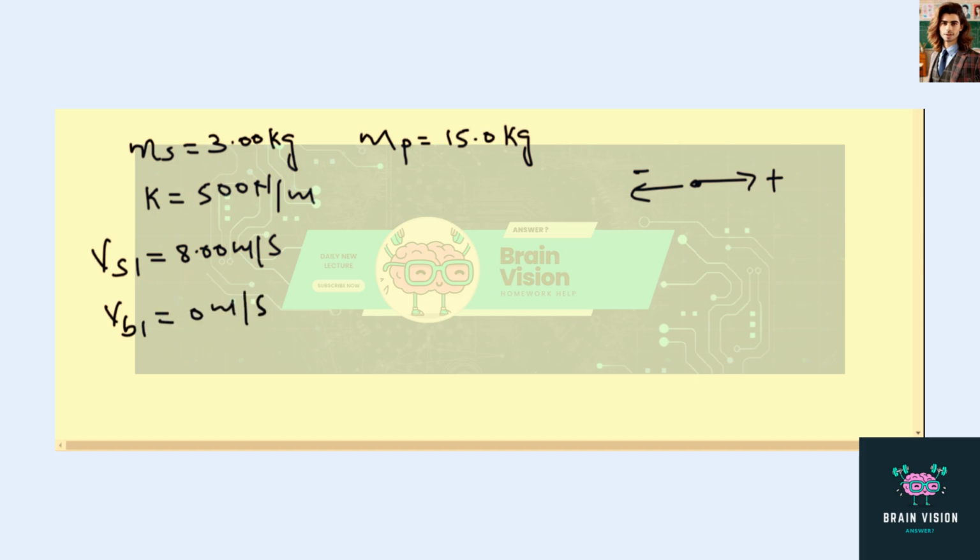This is not MP, rather this is B, the mass of the block. The final velocity of the stone is equal to minus 2.00 meter per second, and VB2 is unknown. We need to find out this value.